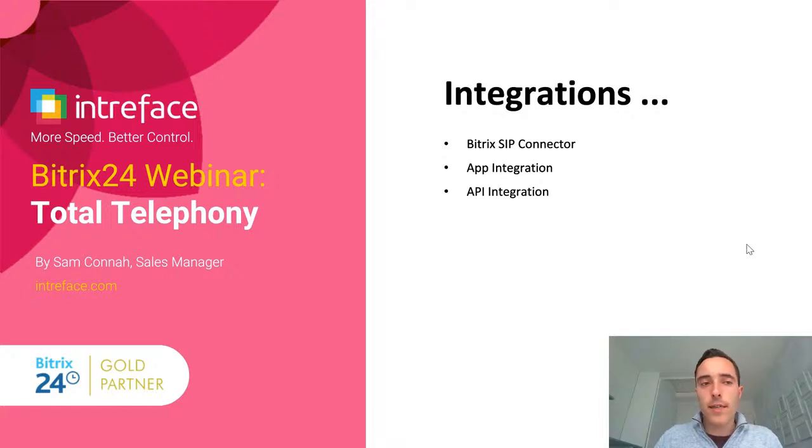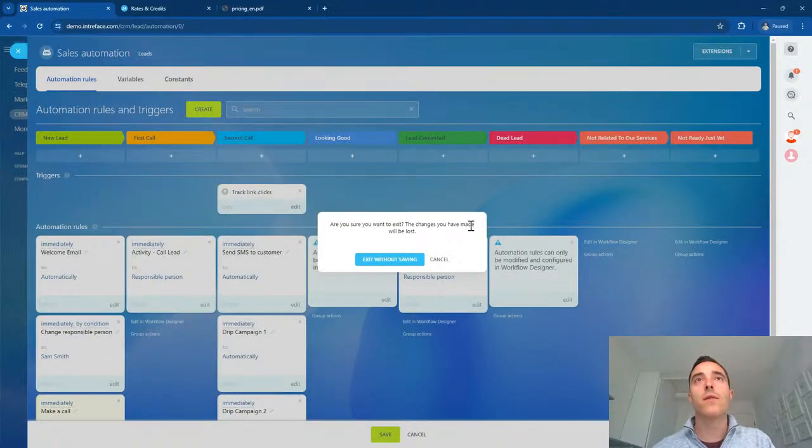Or it could be actually the business has a really comprehensive costing plan with their phone provider that they don't want to actually move away from. So it's not commercially viable for them to leave their contract. So there are reasons why you would want to keep your existing phone lines and phone providers. And that's where the integration elements can be then very useful within Bitrix24.